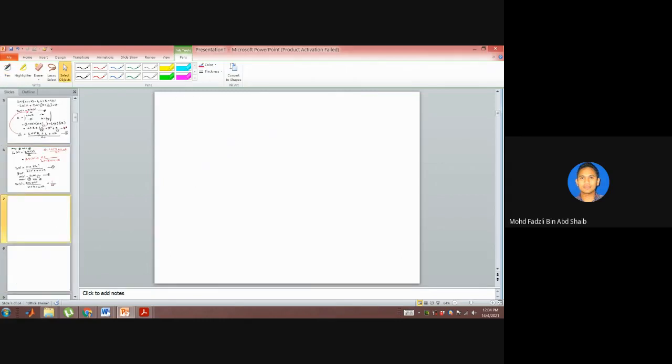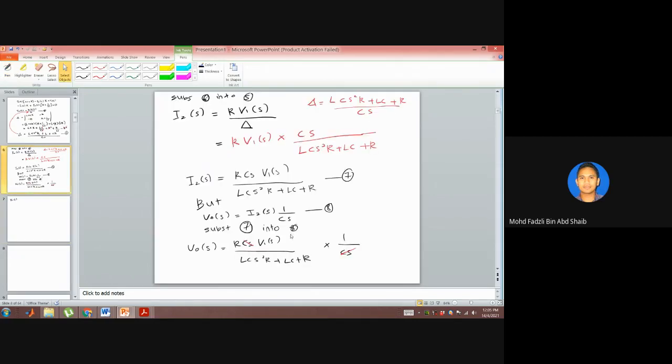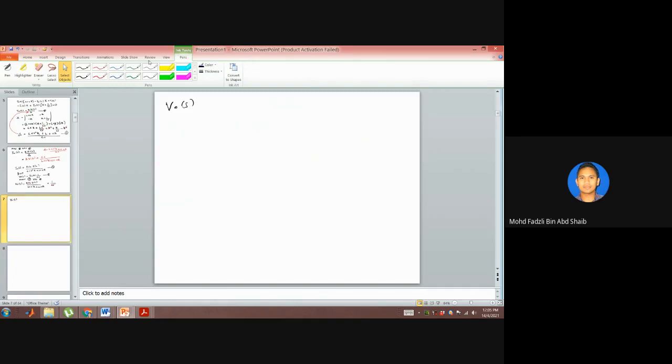So finally, V out, when we cancel each other, equals R Vi s over LCR s squared plus Ls plus R, right?